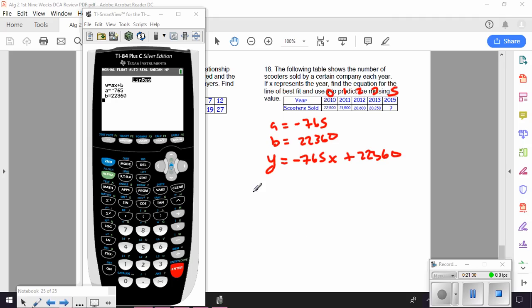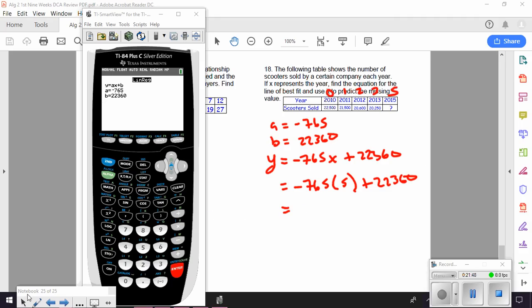Now to find the missing information, you could type in your calculator negative 765 times 5 plus 22,360, and it'll give you an answer.